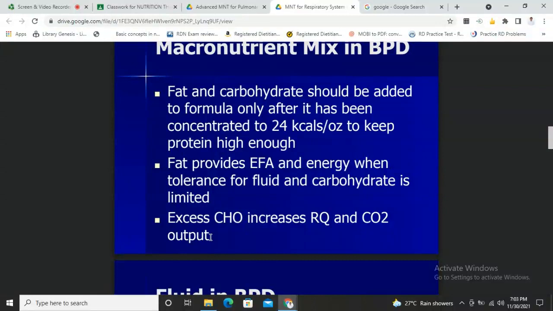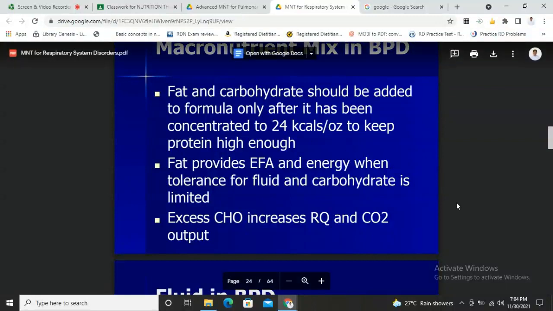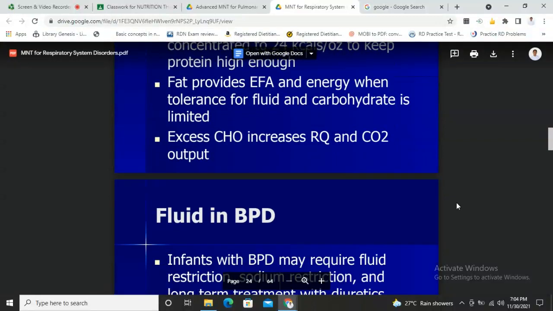So to help these babies who already are experiencing difficulty in breathing, so might as well we will provide them a diet that would not make them overproduce carbon dioxide to ease their breathing function or to help with their breathing difficulties. Okay.